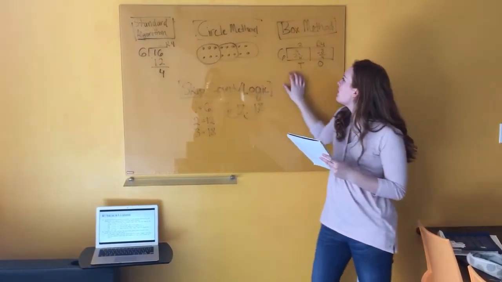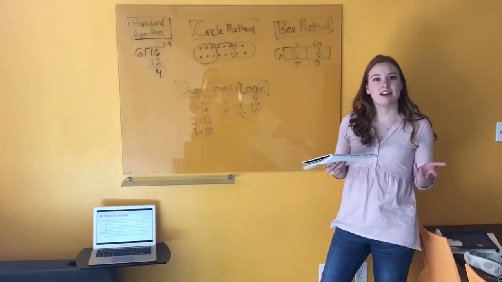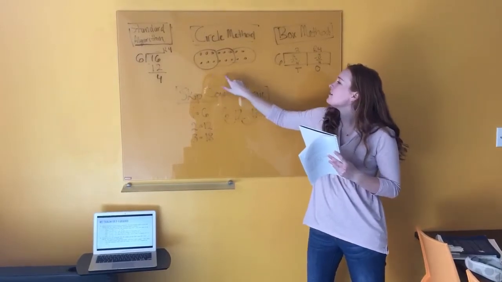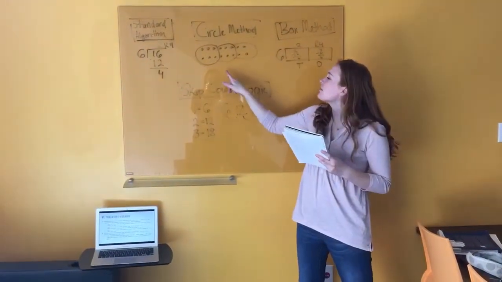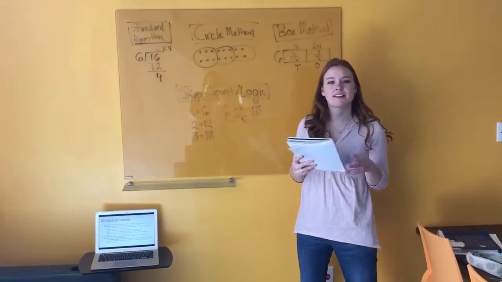So in each of these methods, they changed that information into numbers and then manipulated it that way. Whereas in the circle method, they made dots to represent the students that they had, and then they used circles to represent the cars that they were bringing. So that's how the students decontextualize the problem.